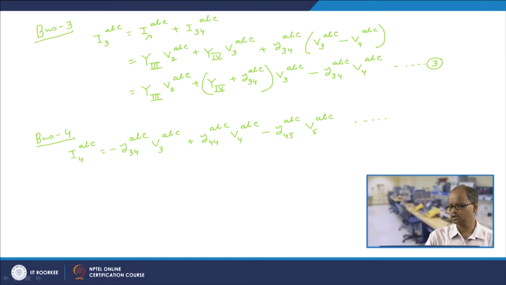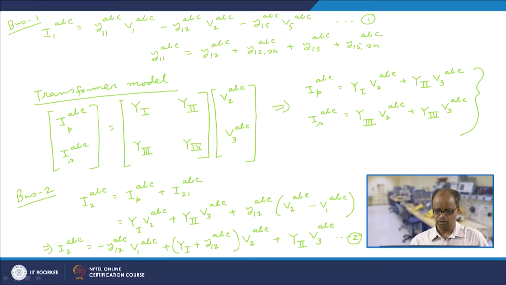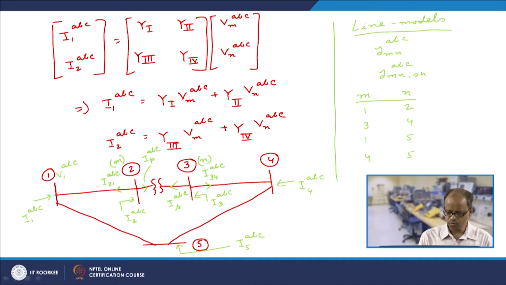So this is the fourth, and y44 ABC is nothing but... sorry, actually there is something missing here. Please note that this current also will have some shunt component which we have neglected here.